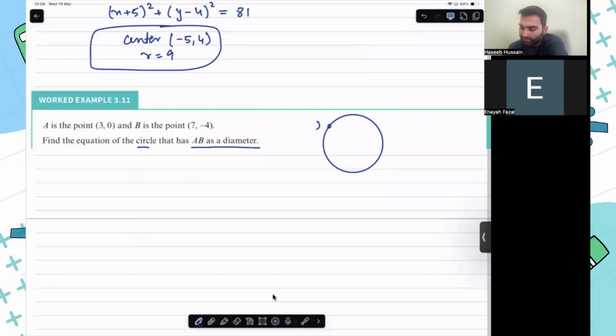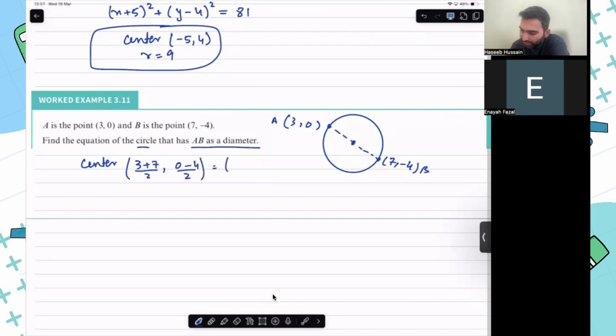So let's suppose this is your 3, 0, that's your A, and this is your 7, negative 4, that's your B. Now, if this is the diameter, then the midpoint of this diameter is going to be the center, isn't it? Center is 3 plus 7 divided by 2 and 0 minus 4 divided by 2, which is 5 comma negative 2. Get it?